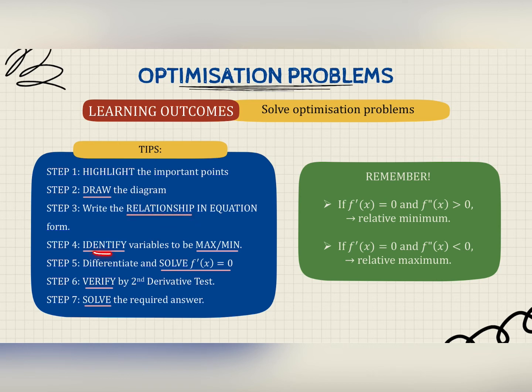Okay, and then kita identify variable tu dia nak yang maximum ataupun minimum. And then we are going to differentiate and solve first derivative test tu, dapatkan value of x sama dengan apa. And then kita akan verify menggunakan second derivative test whether it is maximum ataupun minimum. Okay, ini refer kepada step 4 pula lah. And last kali kita akan solve the required answer.